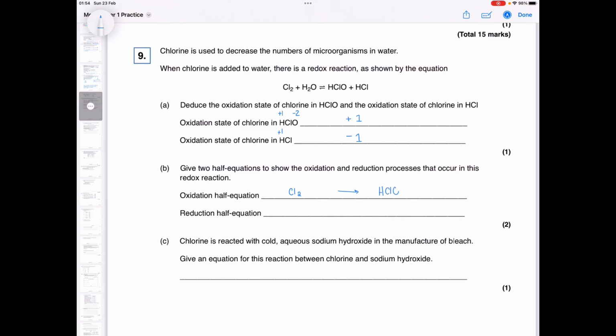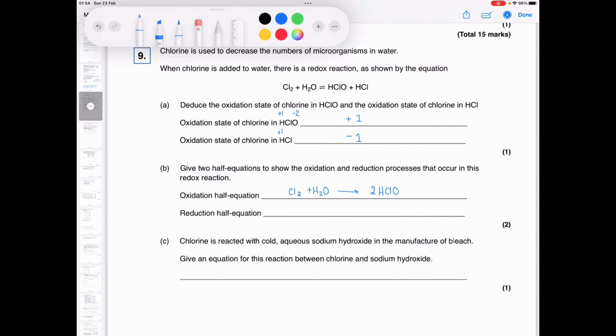So we're going to need to make 2 of those to make that balance. Anywhere where we've got an oxygen on the right hand side, we're going to need a water on the left hand side. So Cl2 plus H2O is going to go to 2 HClO. So we're going to need 2 waters.